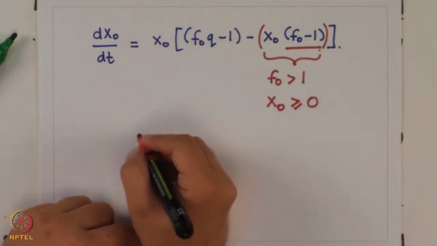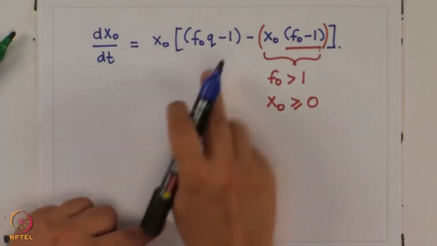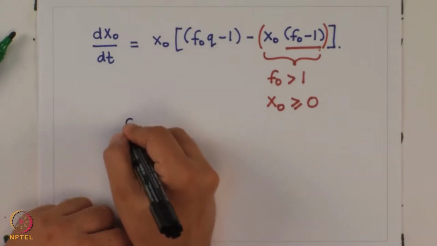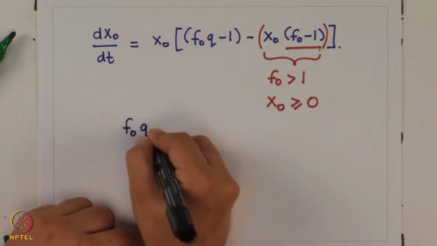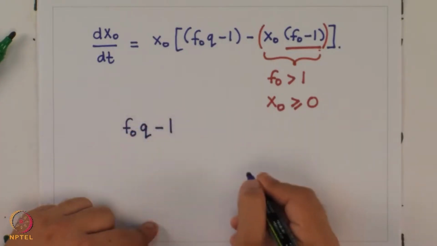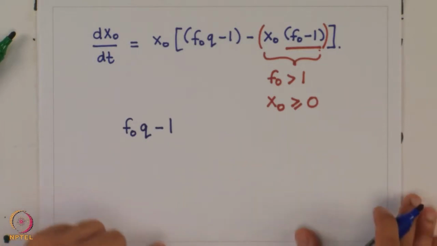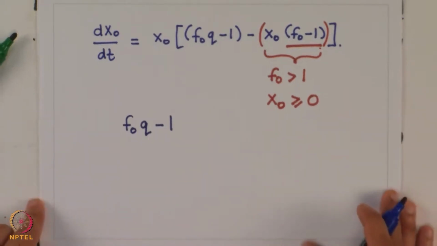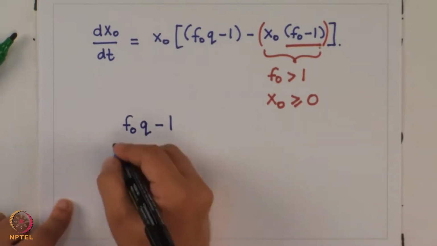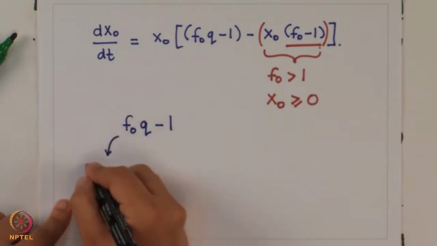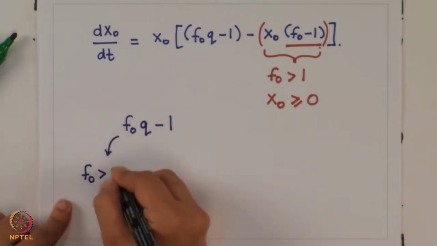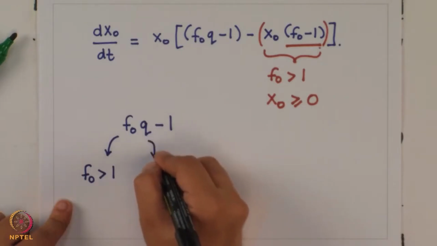Now, what is the other term? That is equal to f naught times q minus 1. Can we comment on the sign of this term? We cannot at this point, because we know that f naught is more than 1, but we do not know q.